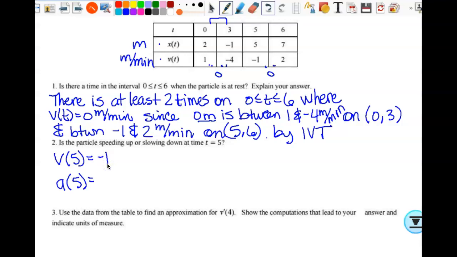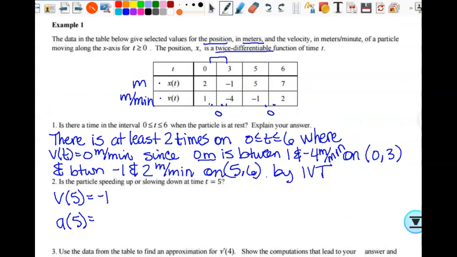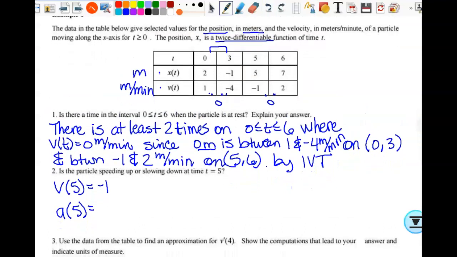How can I figure out the acceleration? I can take the derivative of v of t. I don't have v of t to take the derivative, right? And they didn't give me an equation. What? Rise over run.